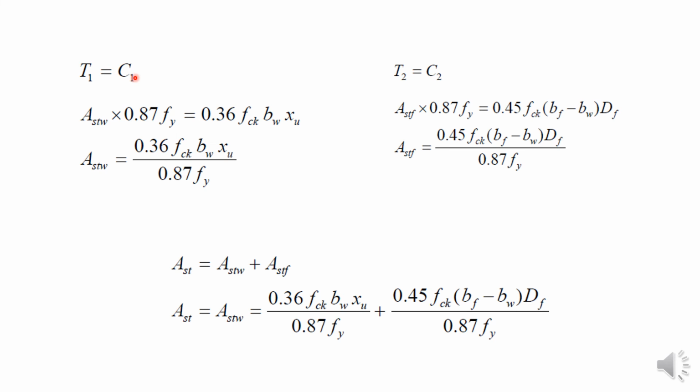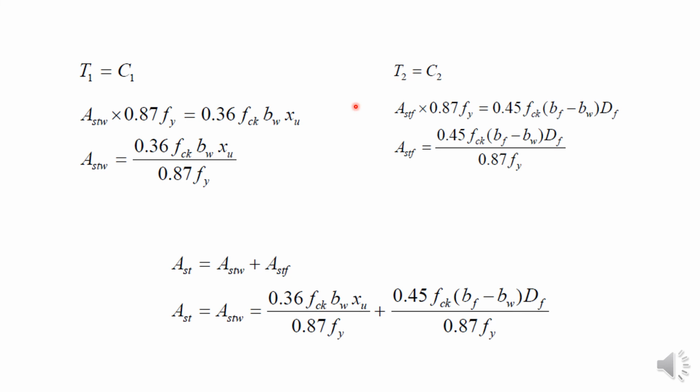So equate the tension force equal to compression, that is T1 is equal to C1. T1 we have to find by using this: ASTW into 0.87 Fy is equal to 0.36 FCK into BW into XU. From that we find the area of steel for the web, which is equal to 0.36 FCK BW into XU divided by 0.87 Fy.